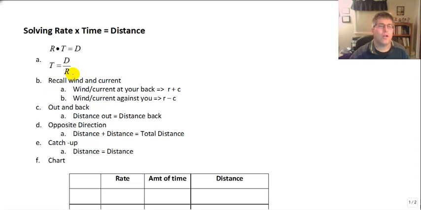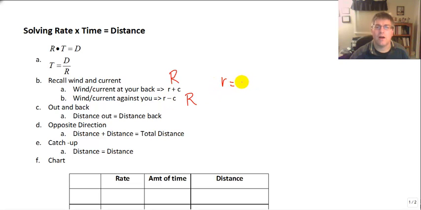You'll also need to recall our wind and current problems. With the wind or current at your back, the current would speed you up, wouldn't it? The wind at your back helps you go faster. So our capital R, our overall rate, was made up of little r plus C. Now, when the wind or current is against you, our capital R, our overall rate, is made up of little r minus C. Okay?